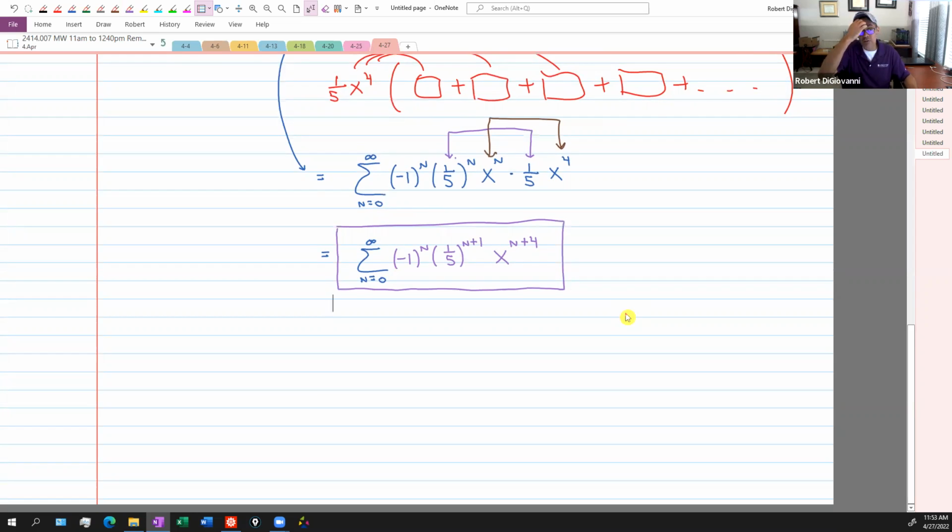Now, what I'd like to do is write out the first few terms. So I'm going to let n be 0, then 1, then 2, then 3. We'll probably write 4 terms out. If I let n be 0, (-1)^0 is +1. (1/5)^(0+1) would just be 1/5. And then x to the what? I'm plugging in 0, right? So x^4.